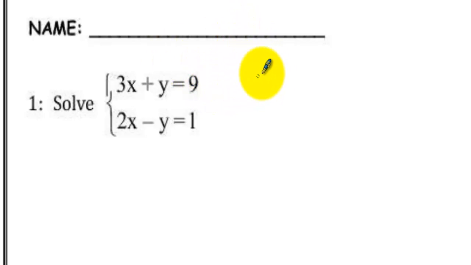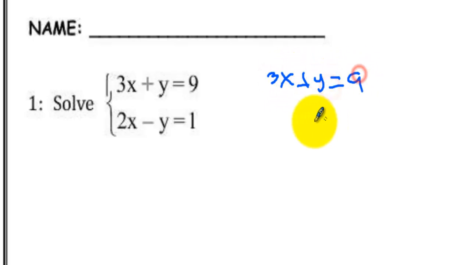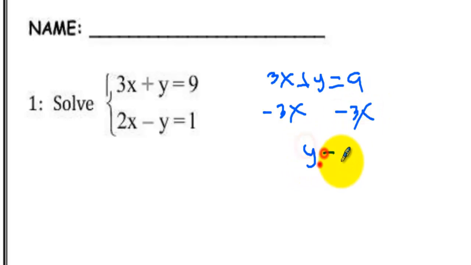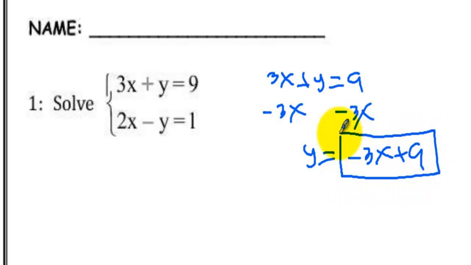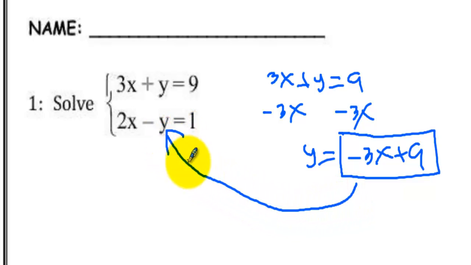So from our first equation, you will have 3x plus y equals 9. Subtract 3x from both sides, you will get y equals negative 3x plus 9. Then I'm going to use this value of y and plug it into the other equation.